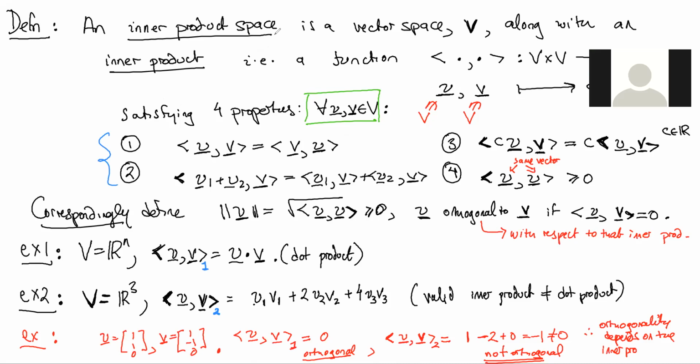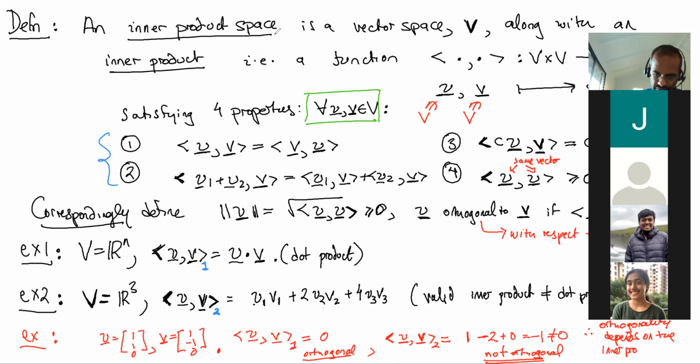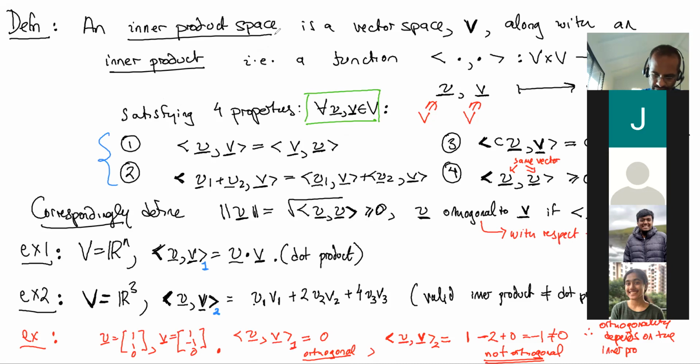An inner product space is a vector space plus an inner product, but what if the same vector space has a different inner product? Does that count as a different inner product space or the same? Yeah, a different inner product space. For example, in example 1 and example 2, you could have R3 with these two different inner products. Those are different inner product spaces. Oh, yeah. Thank you.